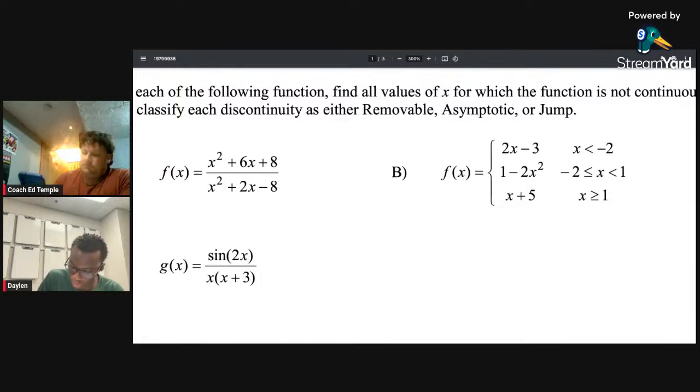X plus 4, and then what? X minus 2. Yeah. Okay, what about on the top? X plus 2. Everything's plus on the top, so guess what?